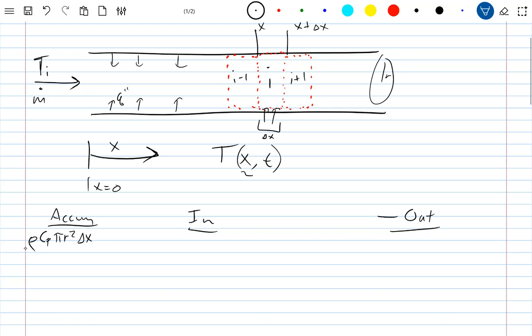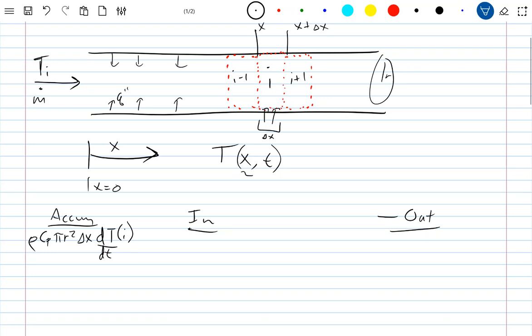So we have density, heat capacity, volume, and then we're going to have dT/dt, the change in temperature with time, and specifically this is going to apply to an arbitrary node I.